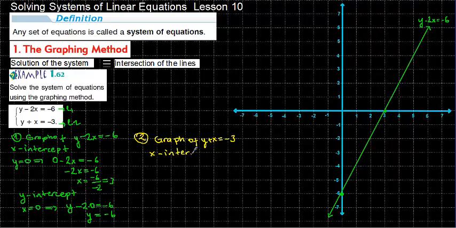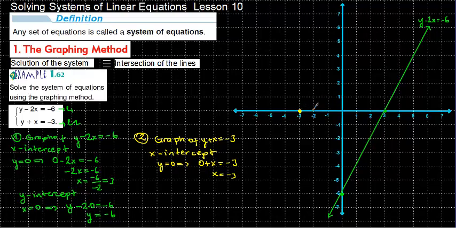For the x-intercept, we know that y is equal to 0. This implies that 0 plus x is equal to minus 3. 0 is not effective in addition and subtraction, so x is equal to minus 3. So the x-intercept is minus 3.